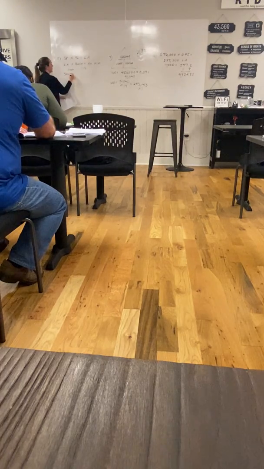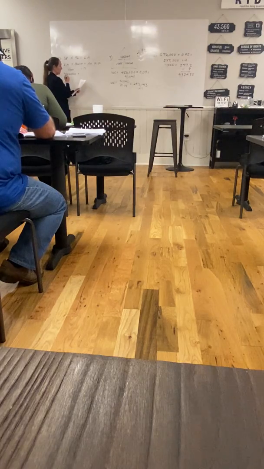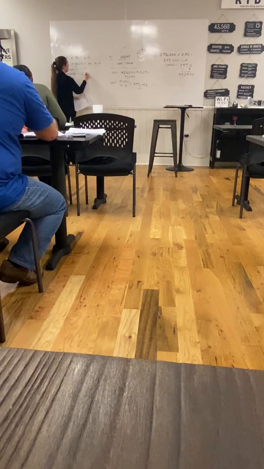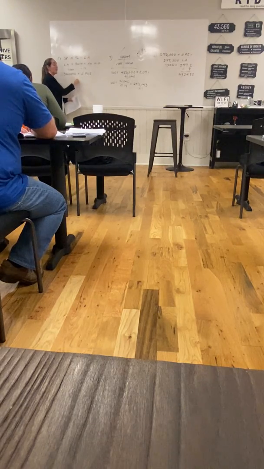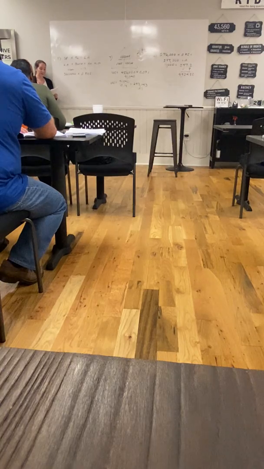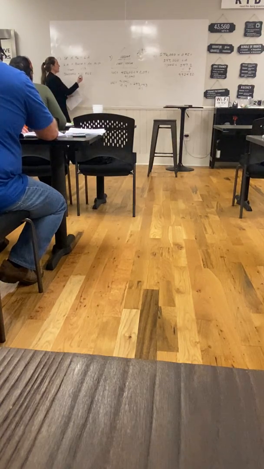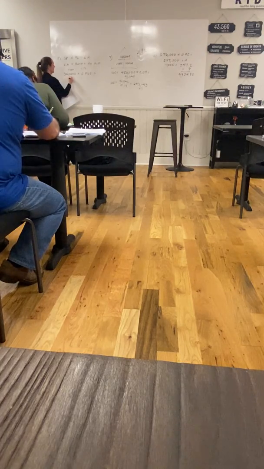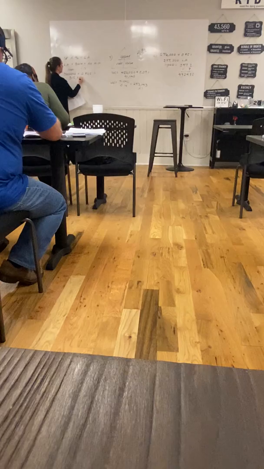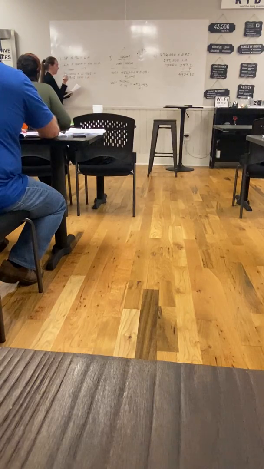So $320,000 multiplied by 0.985. I like the decimals. I moved it over 2 places, or it's 98.5 with a percent sign. That's going to give you your $315,200 as your loan amount.